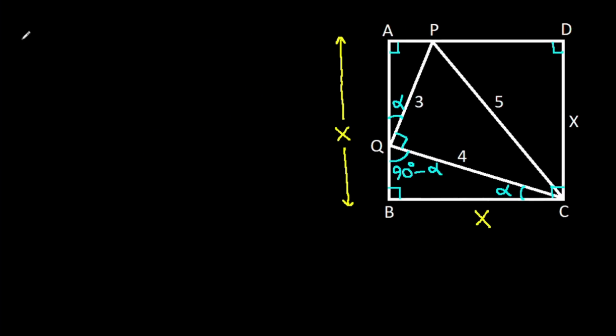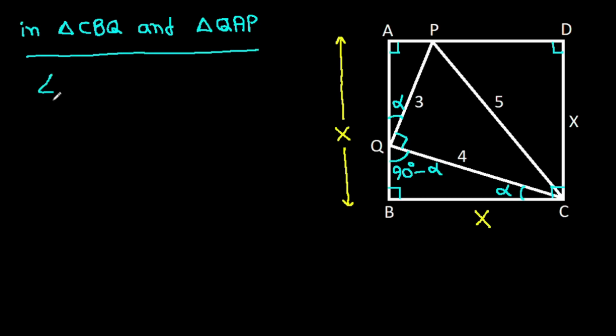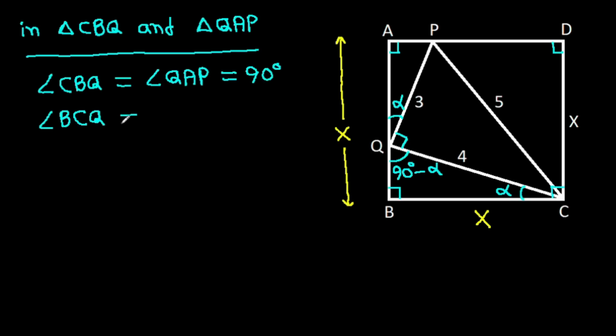Now in triangle CBQ and triangle QAP, angle CBQ is equal to angle QAP, that is 90 degrees, and angle BCQ is equal to angle AQP, that is alpha.